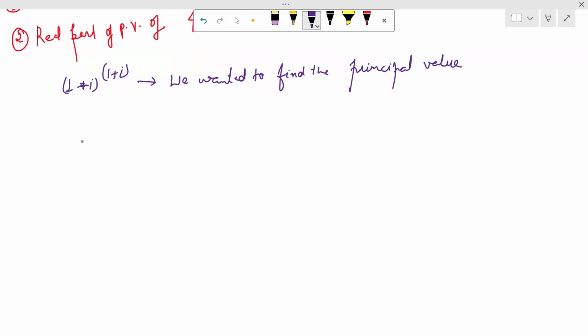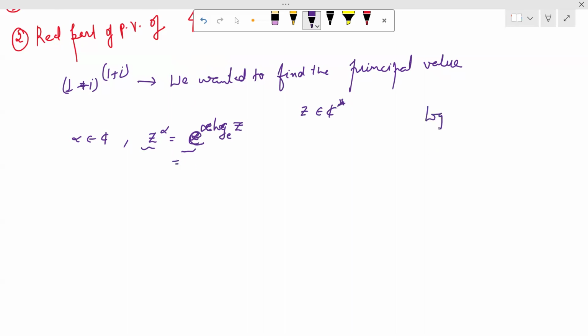As I mentioned, whenever you have some alpha belonging to C, and we want to write z raised to power alpha, you can write this as e raised to power alpha log z, provided z is a non-zero complex number.